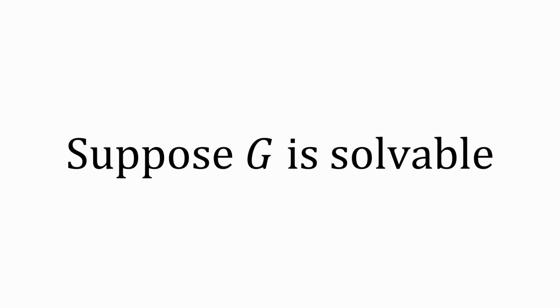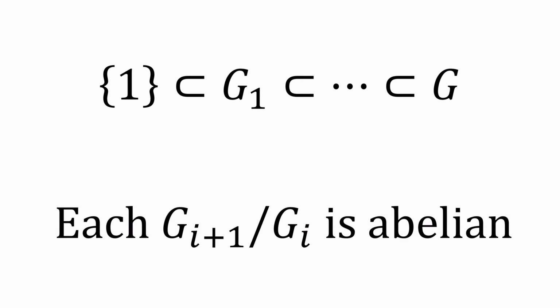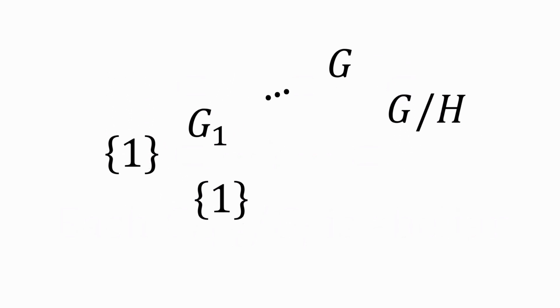Suppose G is solvable, that is, there exists some tower of subgroups, technically normal subgroups, so that each consecutive quotient is abelian. Suppose G over H is some quotient group of this group. We wish to show that G over H is also solvable. We need to find a similar tower for G over H. Recall how we slightly more rigorously define quotient groups. We grouped the symmetries in G into cosets.